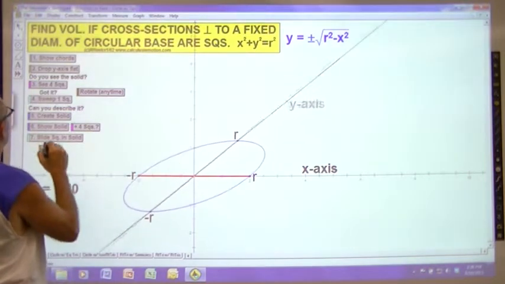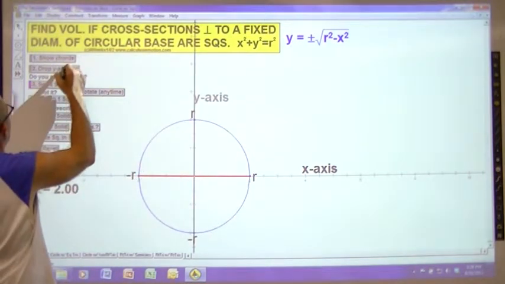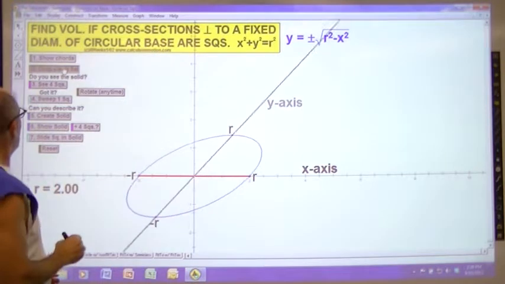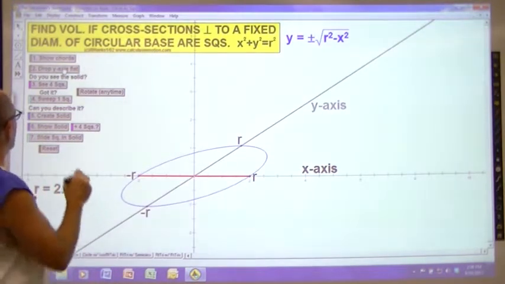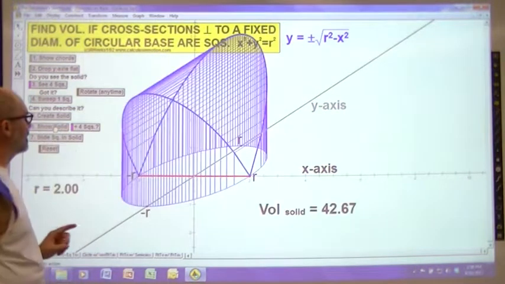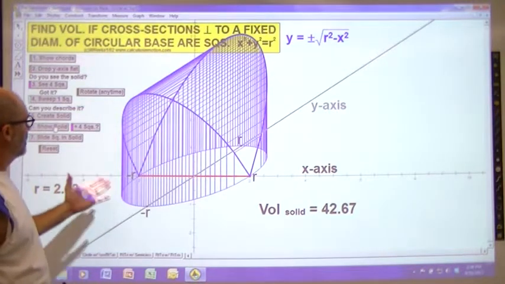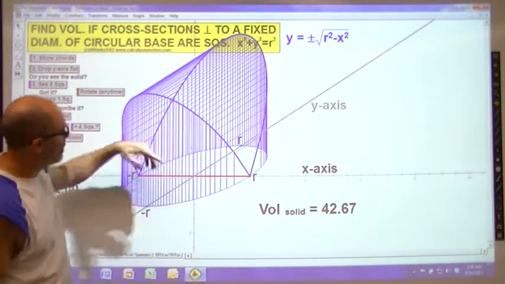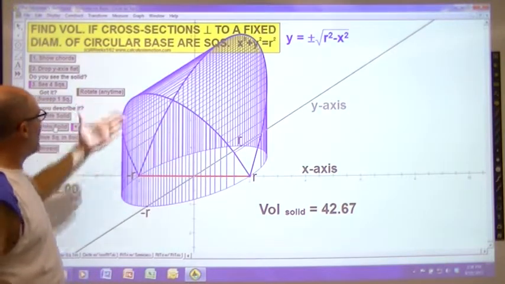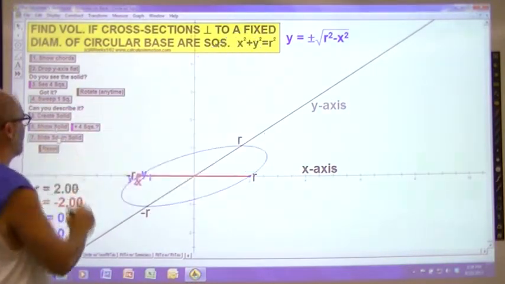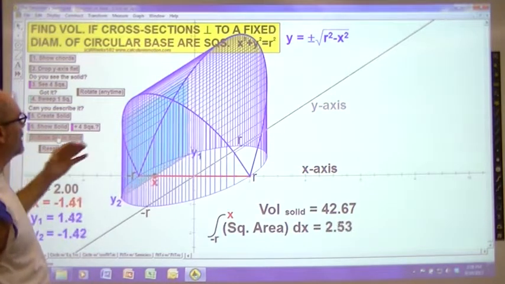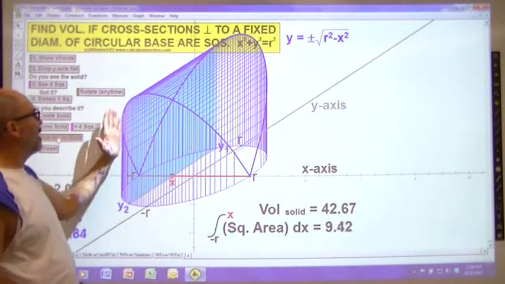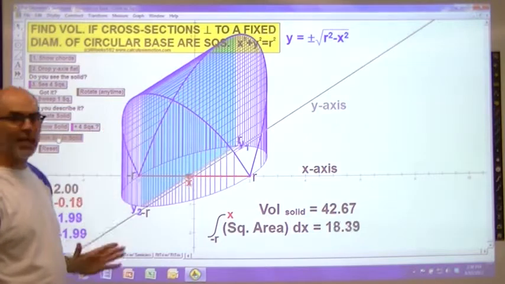Okay. Now, here's what the solid would look like. It's basically a circular base with squares, so you can see here, now the squares are being swept through our solid.